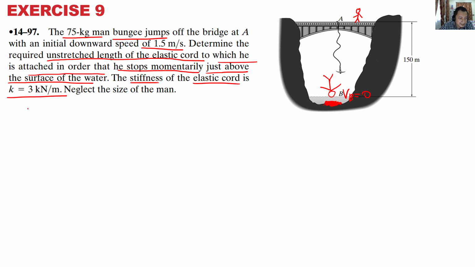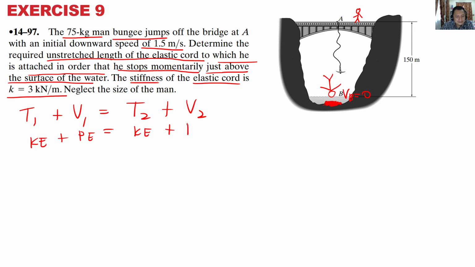So remember back, you have T1 plus V1 equals T2 plus V2. This is kinetic energy, this is potential energy. So can you guys do this? Let's try. Half mv squared, it has kinetic energy.